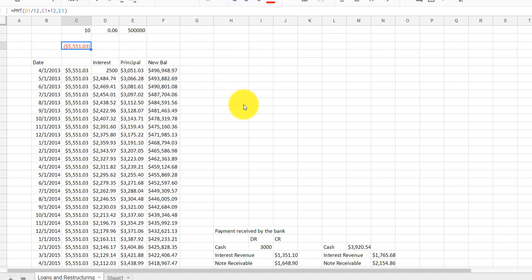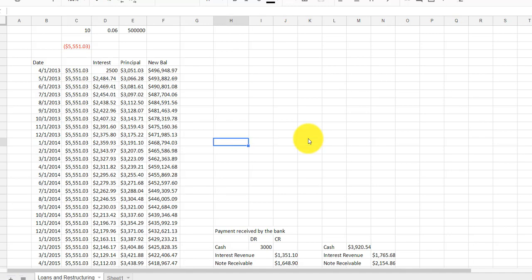We know the principal, the number of payments, and the interest rate. So we get a payment of $5,551.03. So clearly the $3,000 is definitely a change in the terms.